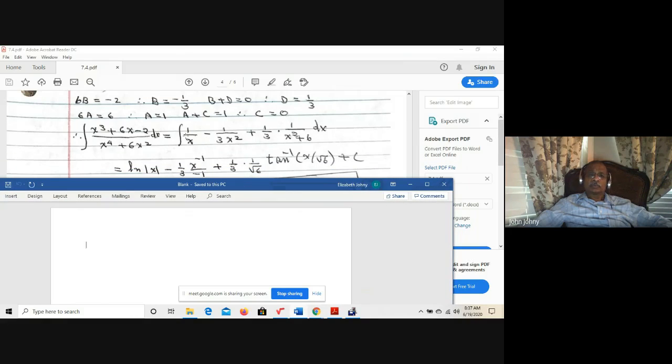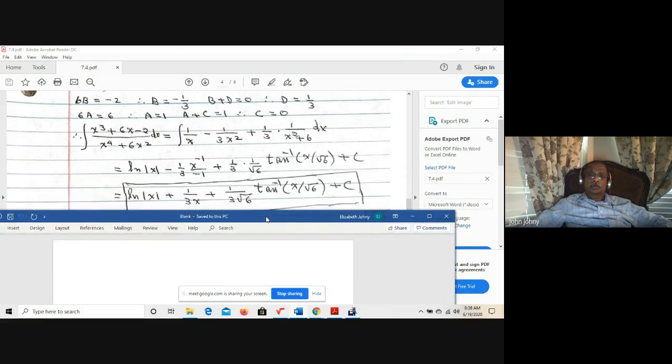So this is equal to natural log of x minus 1/3 times x to the negative 1 over negative 1, because this is x to the negative 2, apply the power rule, plus 1/3 times, use the formula, 1 over x squared plus a squared is 1 over a tan inverse x over a. Here a is the square root of 6. So 1 over square root of 6 tan inverse x over square root of 6.